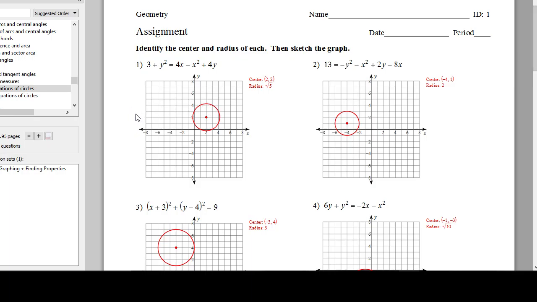All right, try the first one for me. Okay, let me rewrite it here.